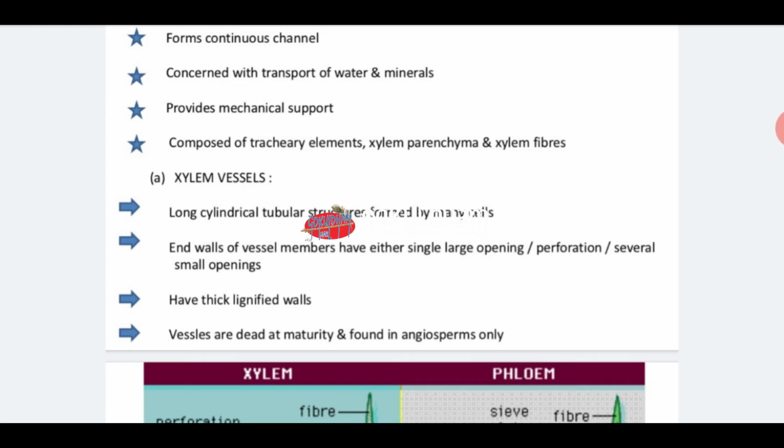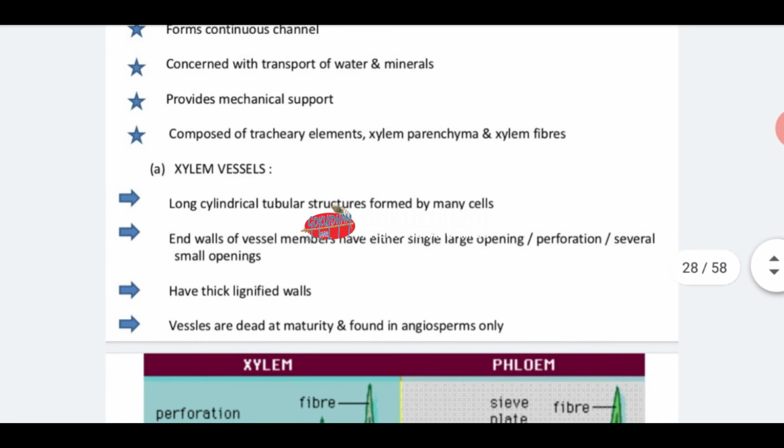First one is xylem vessels, a long cylindrical tubular structure formed by many cells. It is a long cylindrical tubular structure found in xylem, and the end wall of the vessel members has either a single large opening or perforation or a small opening.